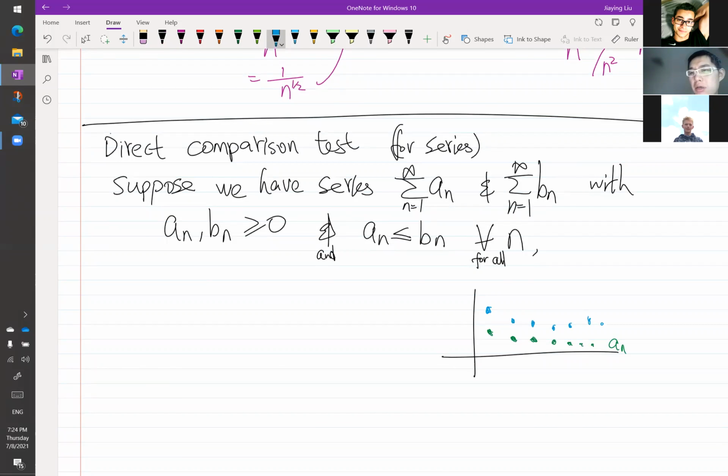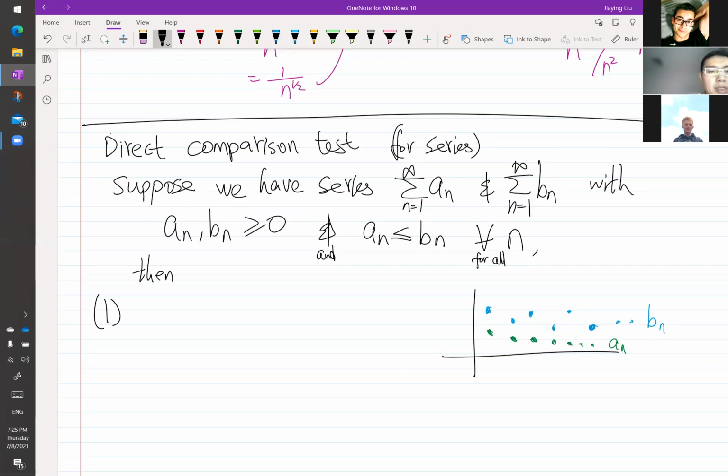So bn is like this. It doesn't have to be decreasing. So bn could be going up and down, up and down. But bn has to be, if you pick an n, greater than or equal to an. That's a condition. So if we have those, then we can make conclusions.